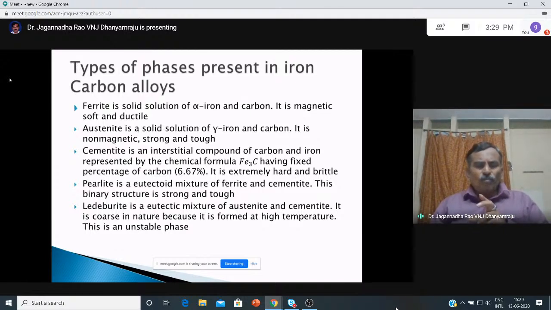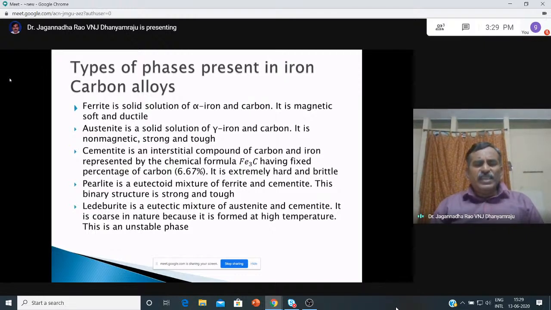See, at high temperature, the grain size is coarse. As the temperature is reduced, the grain size will decrease. But at higher temperature, the grains tend to be coarse. So the ledeburite will not have any significant applications.